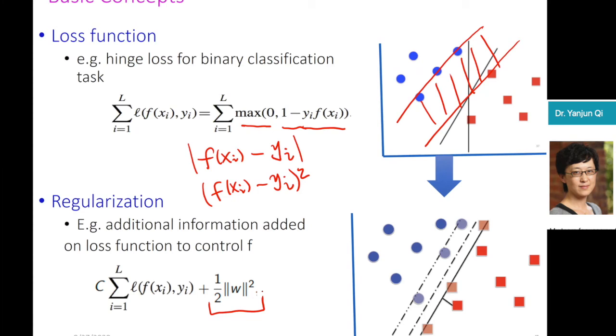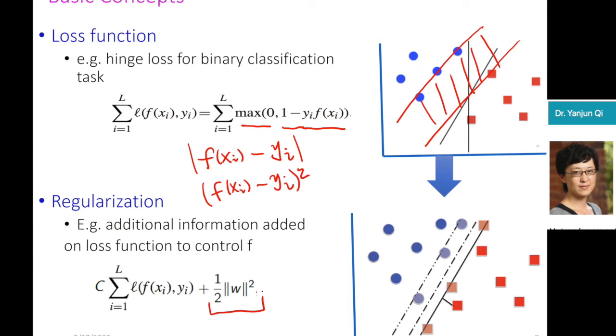From a semantic view, it just means I'm looking not for a decision line, I'm looking for a decision band, a decision region. And you can actually prove it works. It has really great generalization ability, especially when you have a small number of training data.